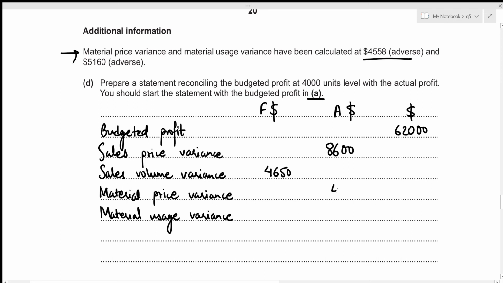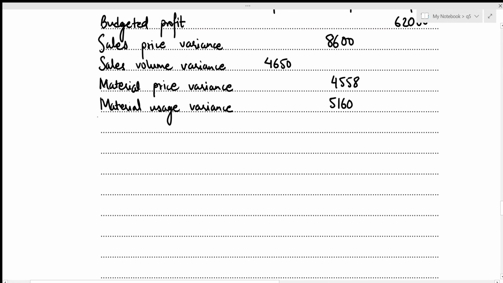Let's write it down. And the material uses variance was 5,160, which is adverse again. Okay, now we can move towards our labor factors. So that would be labor rate variance and labor efficiency variance.